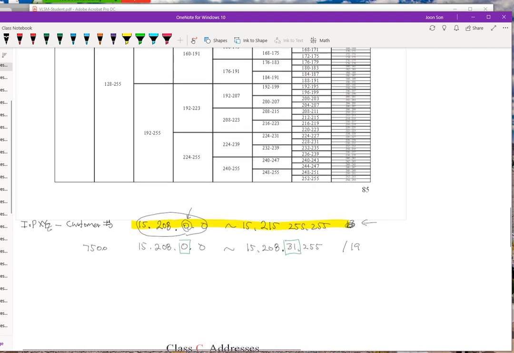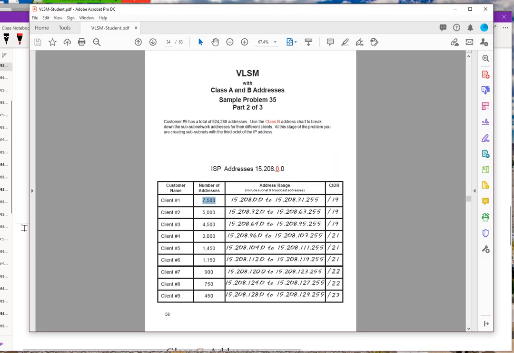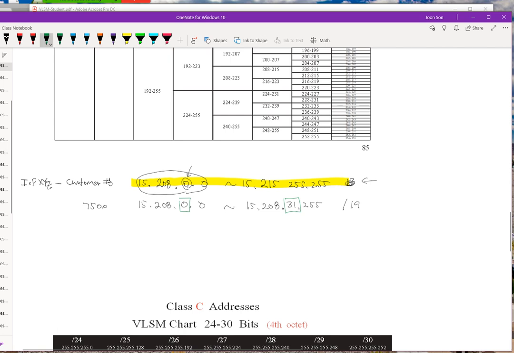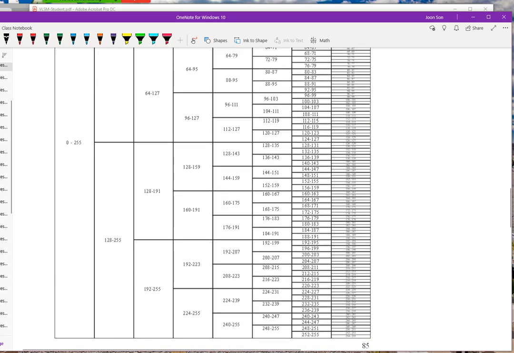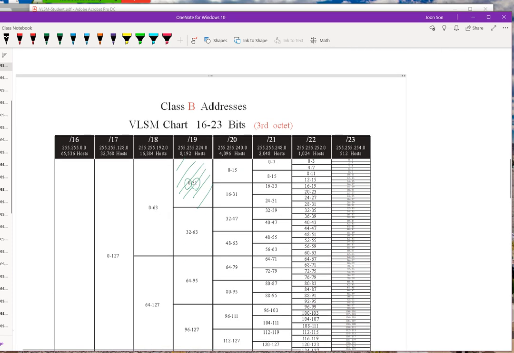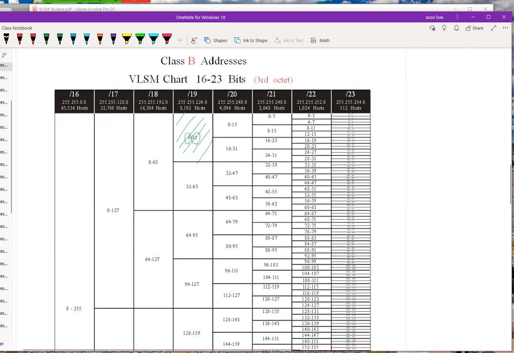Okay, now the next requirement is 5,000, right? So the 5,000 is what? /what? Let's see. This one, /20. So I need to use this one, and 32 to 47, right?